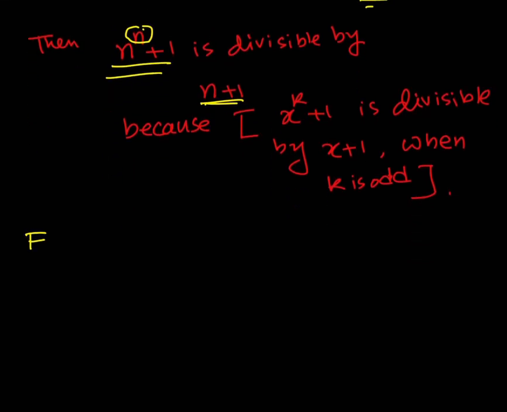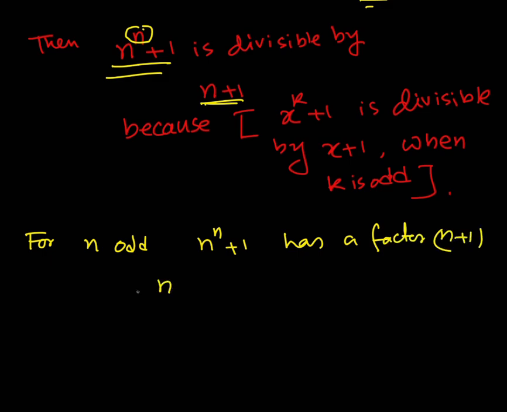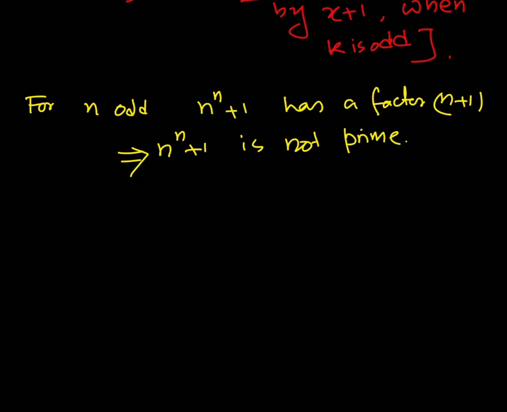So for n odd, n to the power n plus 1 has a factor n plus 1, so it is not prime. So for the odd numbers, that is 3, 5, 7, n to the power n plus 1 is not prime. Now we will go for n even.